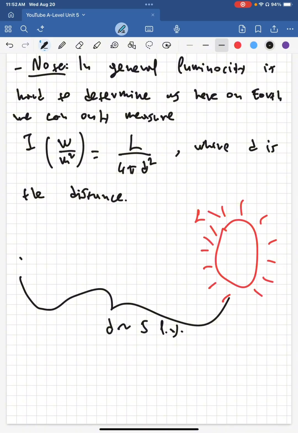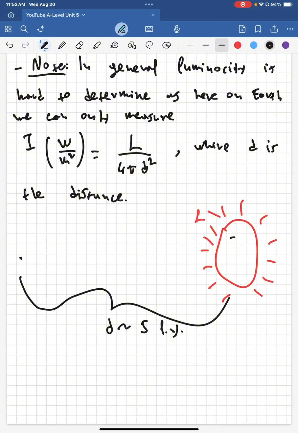So here on Earth, we can only measure the luminosity over 4 pi d squared. Imagine how far away this star is, and then you take the square of that. So the intensity of light that we receive from this star on Earth is really, really tiny. Also, another problem is that we don't necessarily know the distance, or the distance might be really hard to determine.